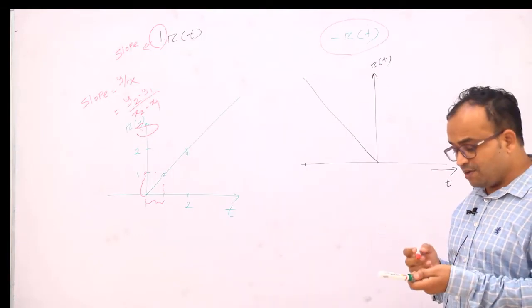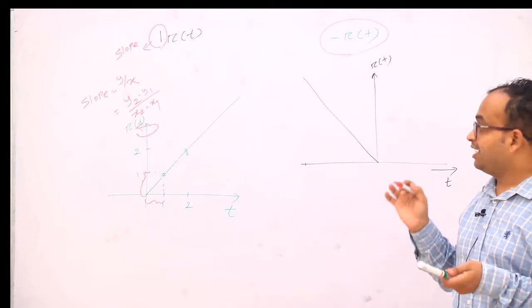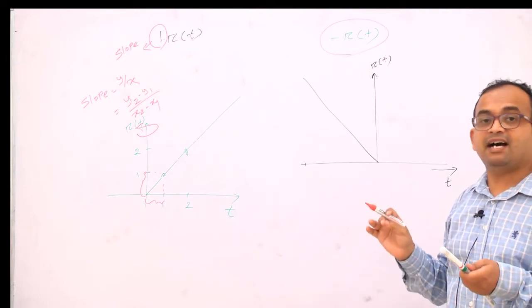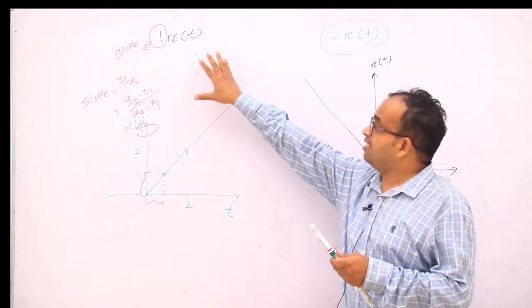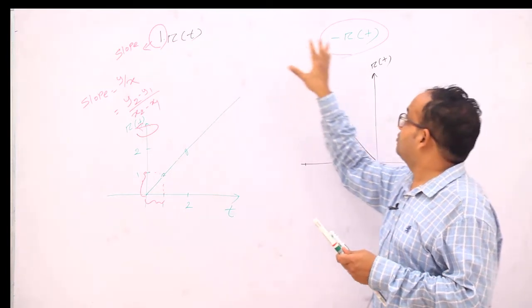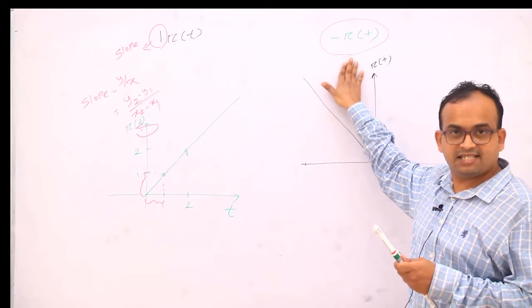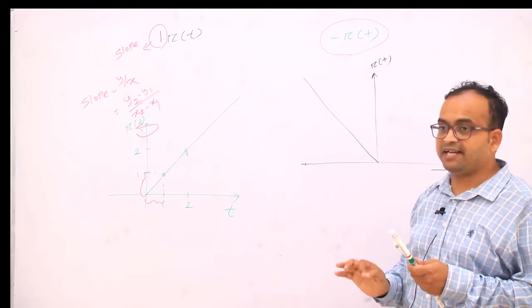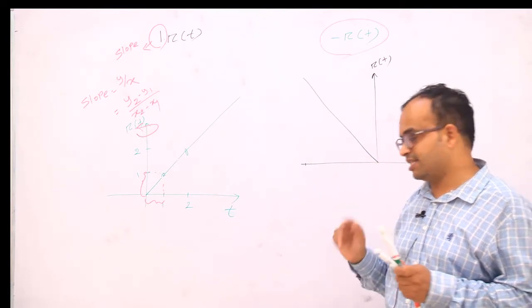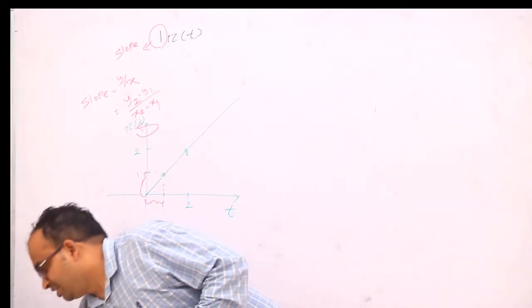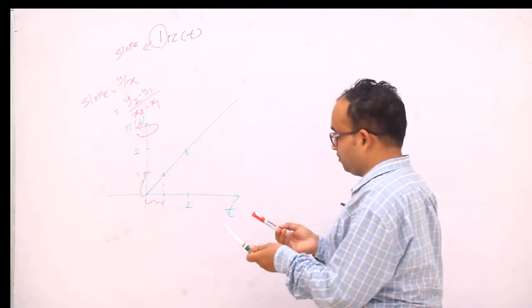Right? So now what happens if I have to find a shifting operation of r of t? I am going step by step. So this is the general r of t. Next we have seen the minus r of t, right? Now I have to find the value of r of t minus 1 or minus 2. Let's see how it will be. You know all these things already, but not with basic signals.